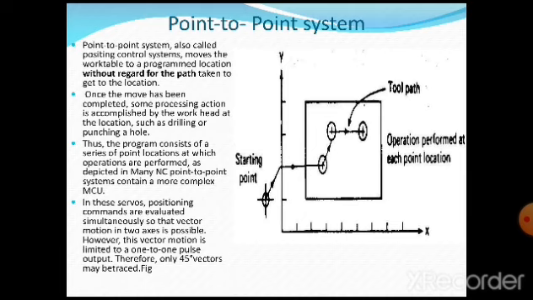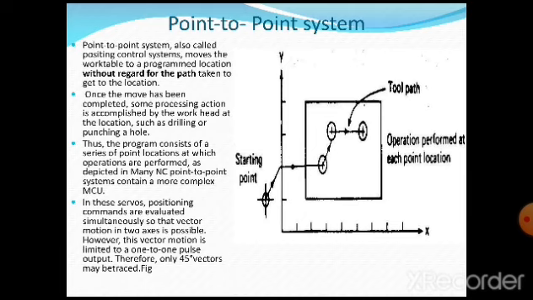The programmer has to decide what should be his starting point, and you will see the path of the cutting tool from the starting point to different locations, how the tool path runs and what type of operation is performed at each point location. That is what we are going to see on the screen now.